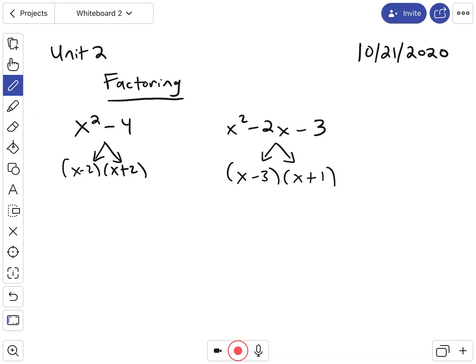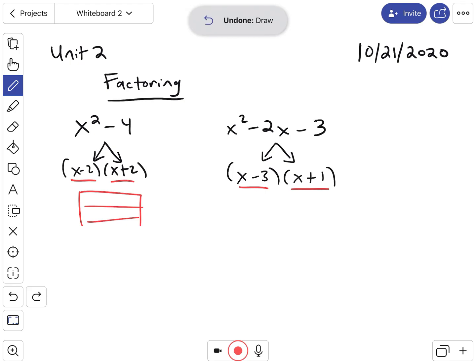So what you have done in Math 3 so far is you've basically taken these factors that were already given to you, and you multiply them using distribution, or you may have used the box method, to multiply those back together, and that would get you back up to this trinomial or binomial, polynomial.